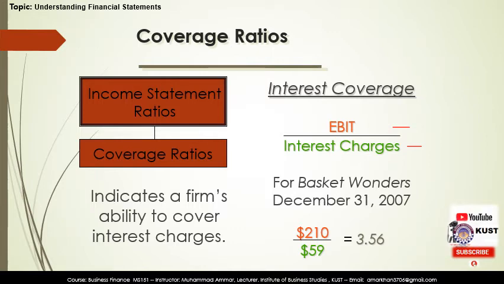As we know, EBIT stands for earnings before interest and tax, and this EBIT figure being included here is from the Basket Wonder example that we previously discussed, its balance sheet and income statement.